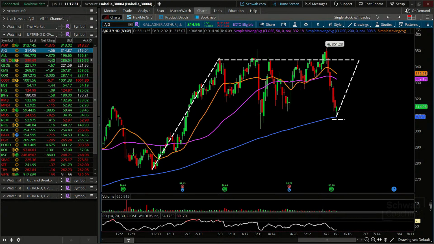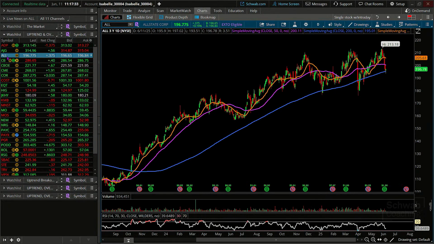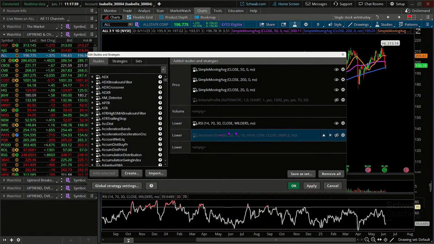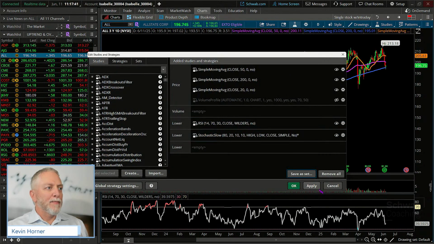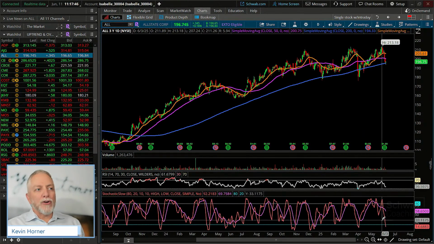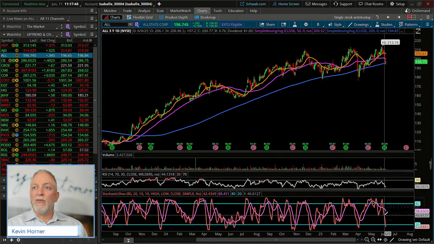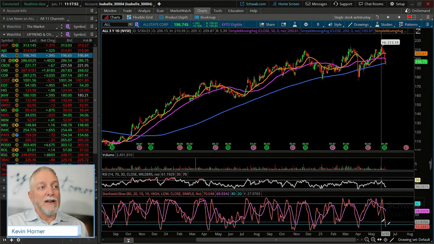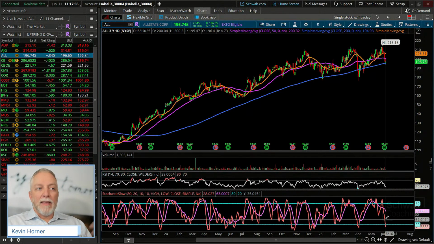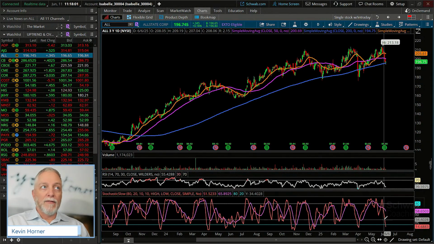Again, this scan in particular is just generically looking for stocks in that uptrend. And I guess I should also point out, let's go ahead and add in my stochastics here so that we can at least validate the idea. So there's your slow stochastics in red. What the scan is showing us is that if the red line is under 35, that could be considered oversold from the stochastic view.